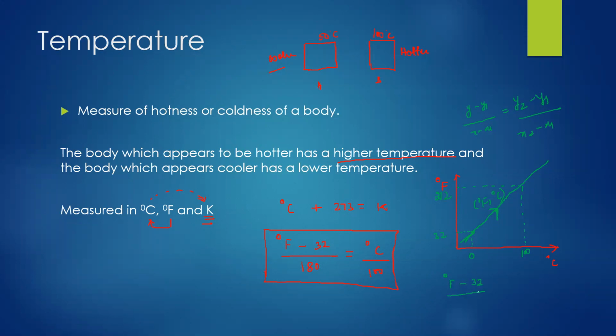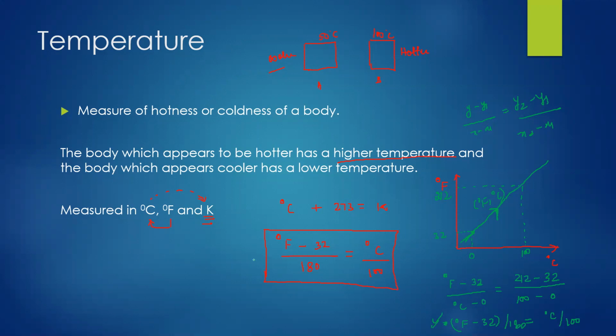When we use this equation, we get (degree Fahrenheit minus y1, that is 32) upon (degree Celsius minus x1, that is 0) is equal to (y2, 212, minus y1, 32) upon (x2, 100, minus x1, that is 0). From here you will get (degree Fahrenheit minus 32) upon 180 is equal to degree Celsius upon 100.